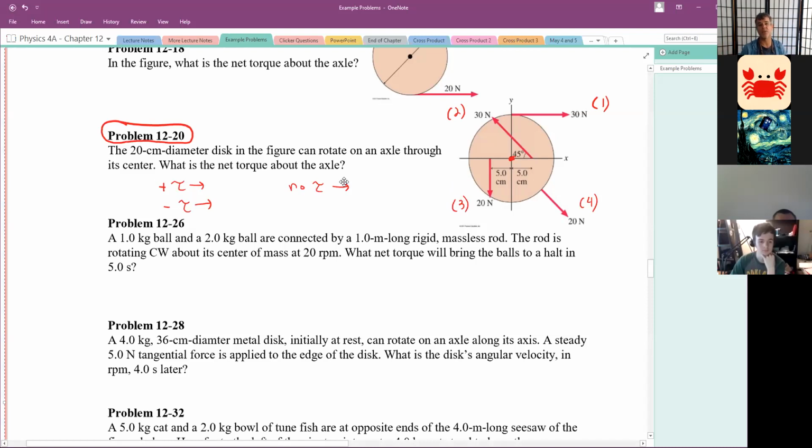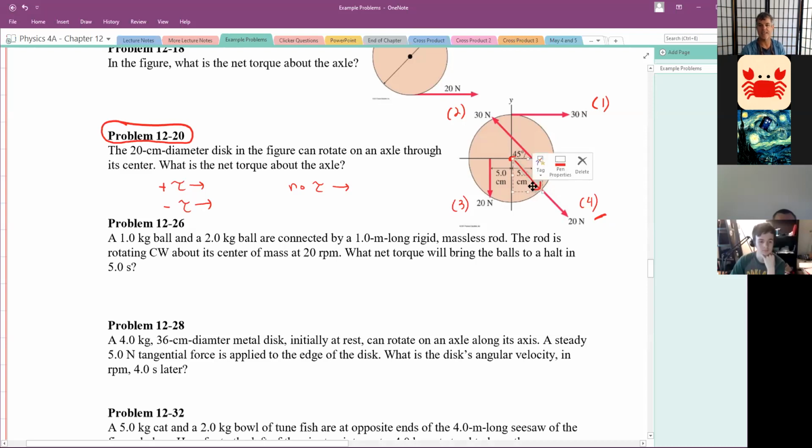Are any of these producing no torque? Would any of these not cause the object to rotate at all? The answer is yes. Force number 4 right here is not producing any torque. Mathematically, what is the angle between the force and the r vector? r points from the axis of rotation to where the force is applied.